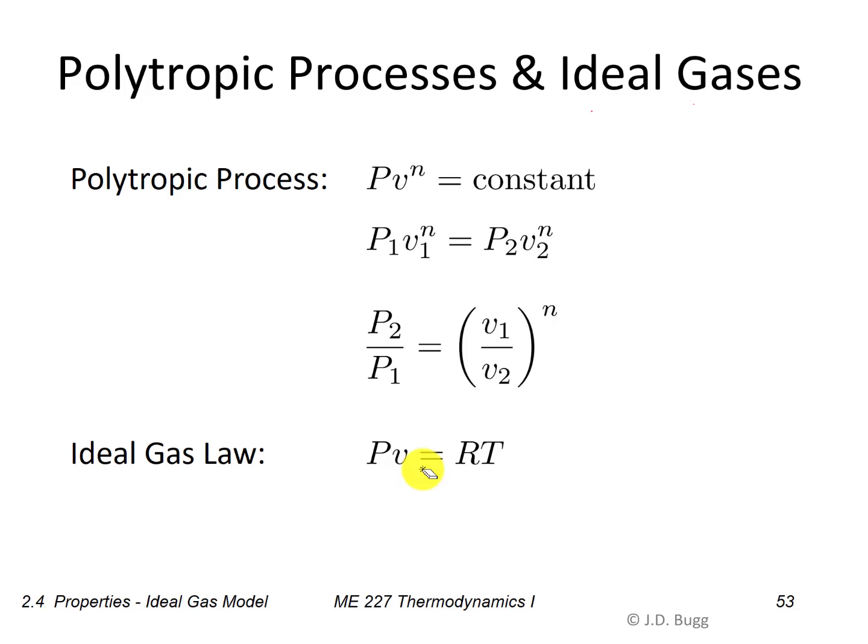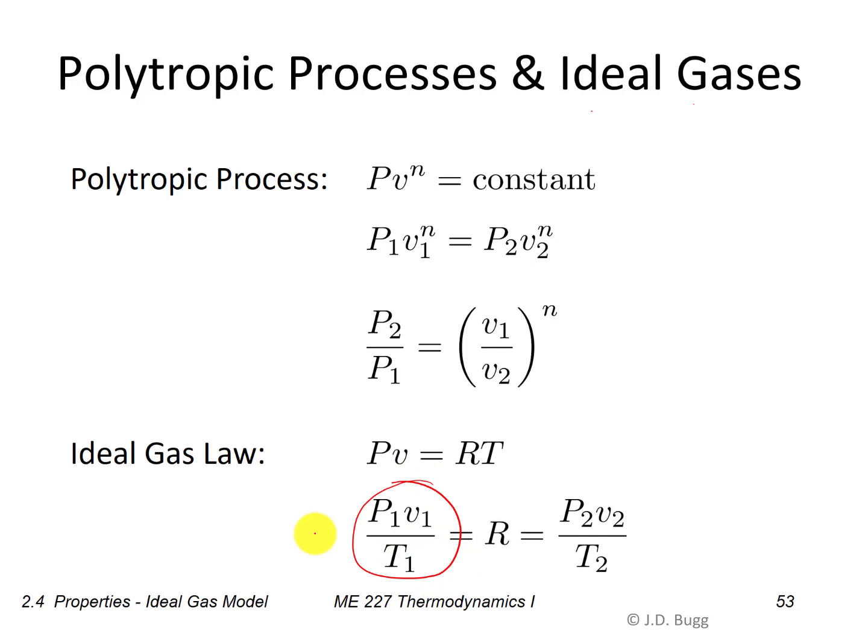I'm going to take the ideal gas law and just rearrange it. Notice this is still just the ideal gas law, but I'm going to evaluate it at point 1, the beginning of our process, and at point 2. All I've done here is take this equation and divide it by temperature. So P1 V1 over T1 is equal to R, and of course that's equal to P2 V2 over T2.